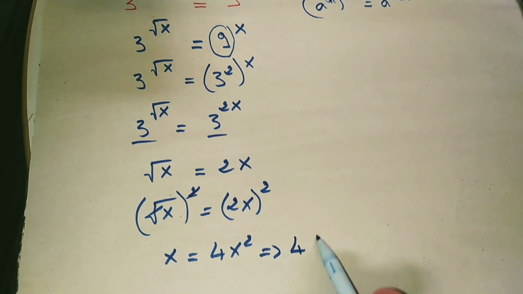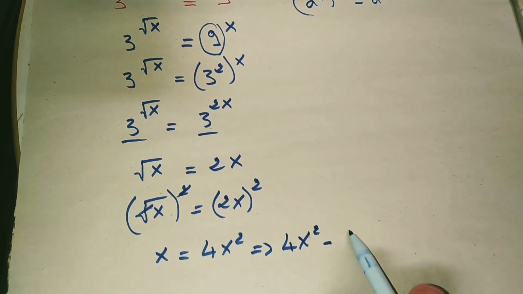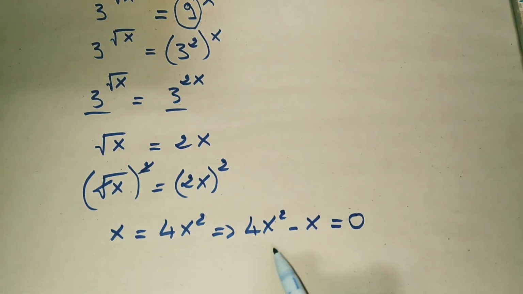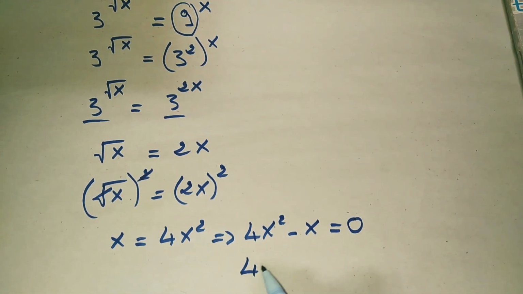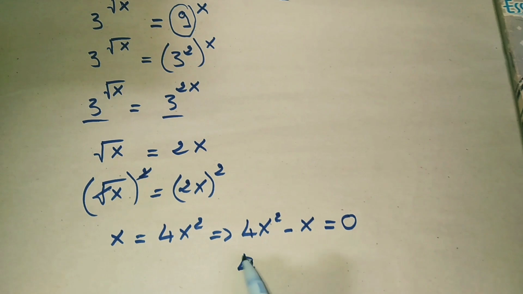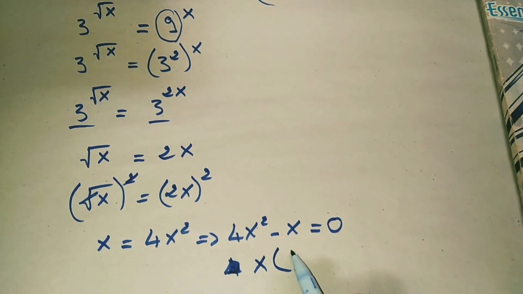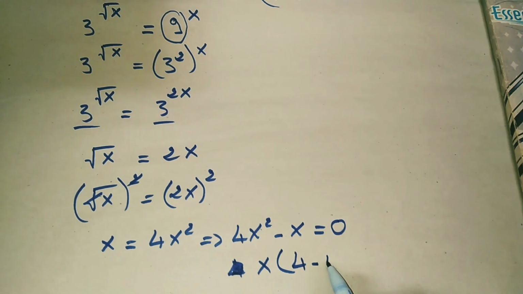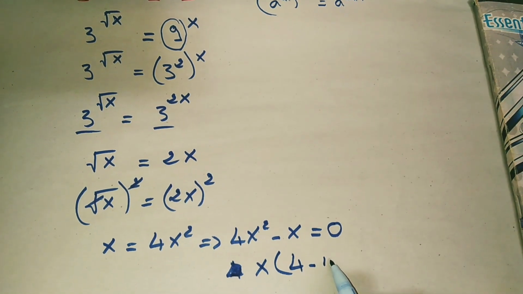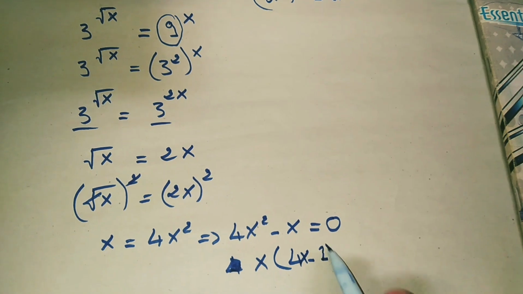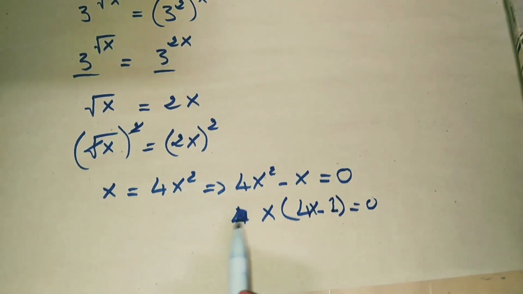So 4x squared minus x is equal to 0. x times 4x minus 1 is equal to 0.